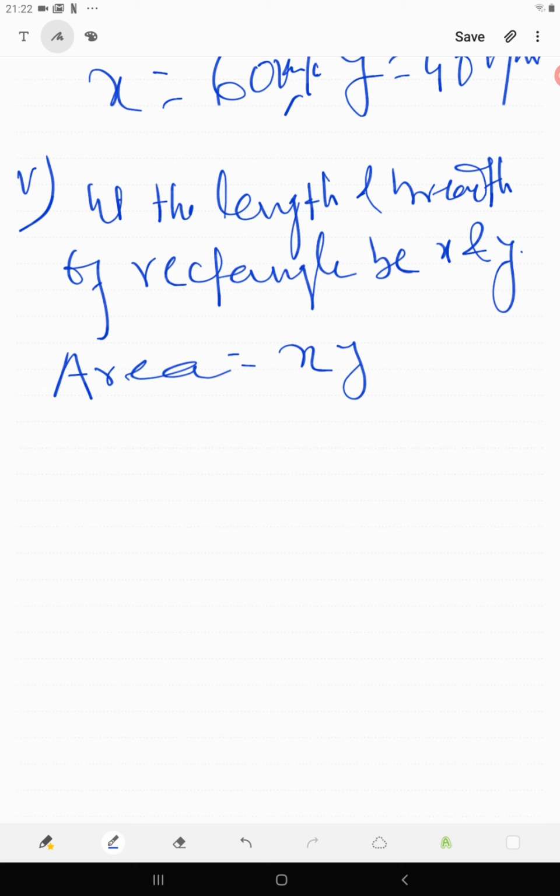Now what it is telling is, if the length is reduced by 5 units, that means x minus 5, into, breadth is increased by 3 units, y plus 3.